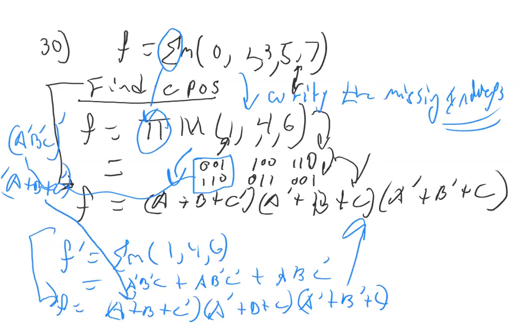So you're really just using a form of De Morgan's theorem when you proceed to do that. You're changing the signs of the literals and you're changing the times to plus. Okay, thank you. Sure thing.